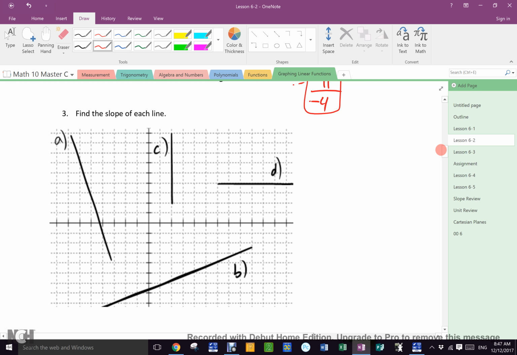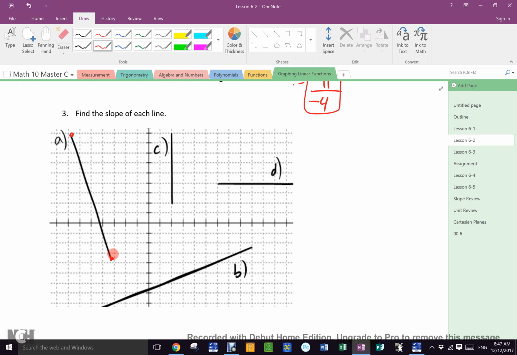What are you going to use to find those slopes? Are you going to count, or are you going to use y2 and y1? You're going to count. What's tricky about these? They don't go all the way to points, do they? If I try to use that dot and that dot, can you tell me exactly what they are? Why?